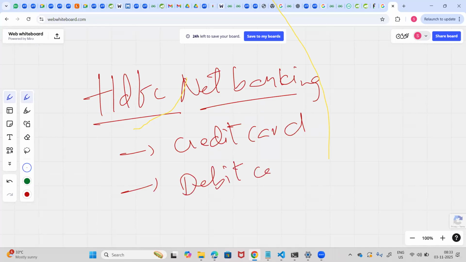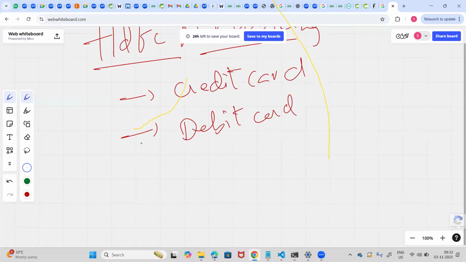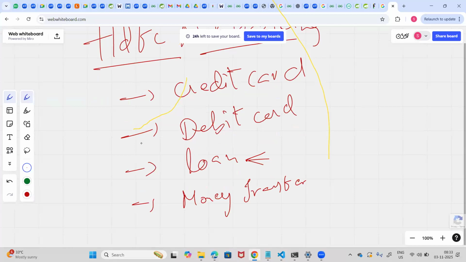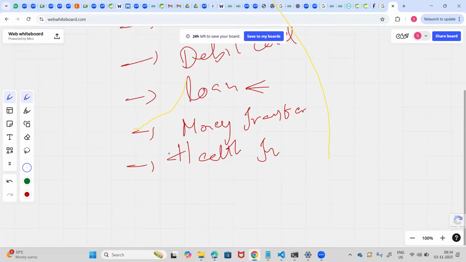Credit card service, debit card, loan service. Under loans again, home loan, personal loan, like that you can have. And money transfer. What else, guys? You can have health insurance, and mutual funds, something. There is a new option coming, right?